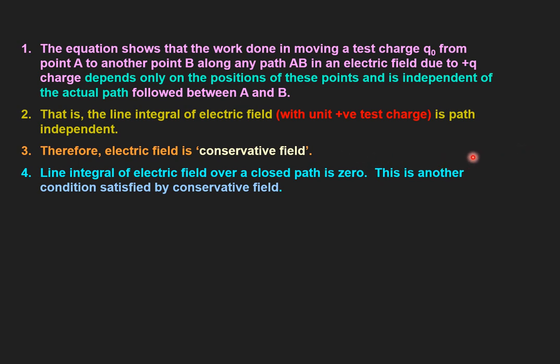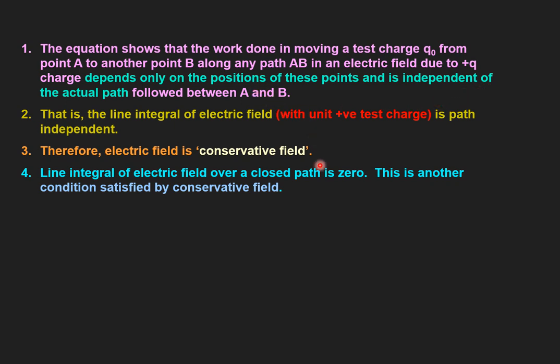The first work done was from A to B, now the work done from B to A. We already know that this work done does not depend on the path followed. It simply depends on the final and initial points.